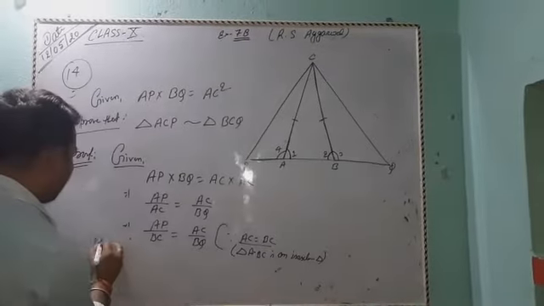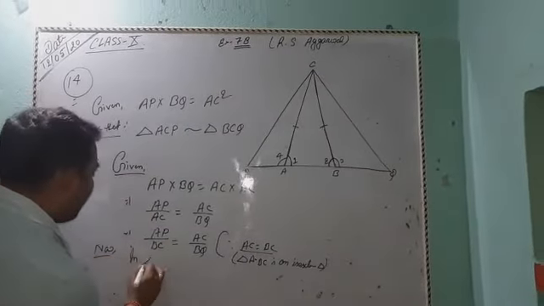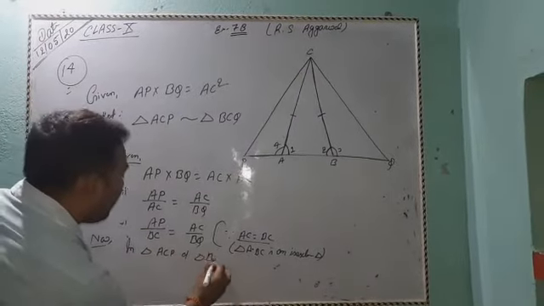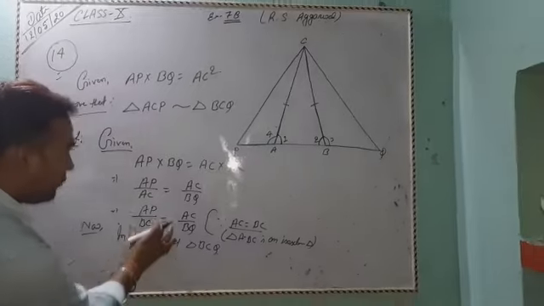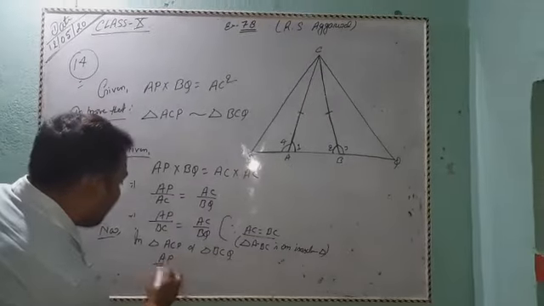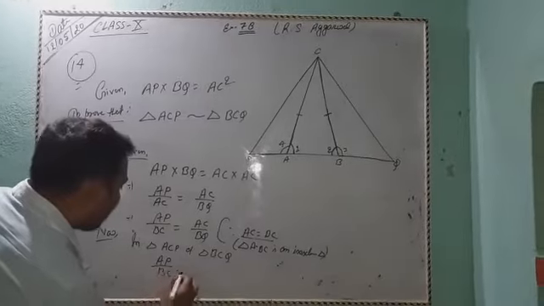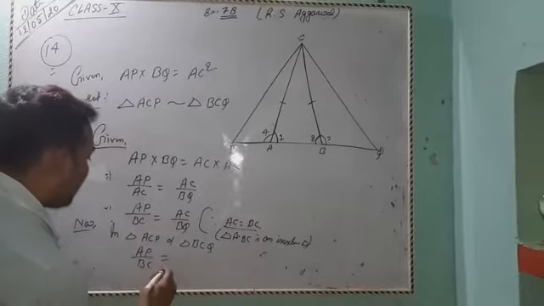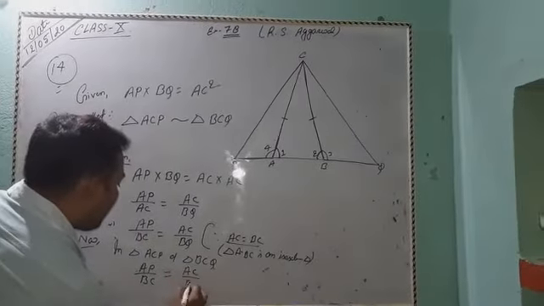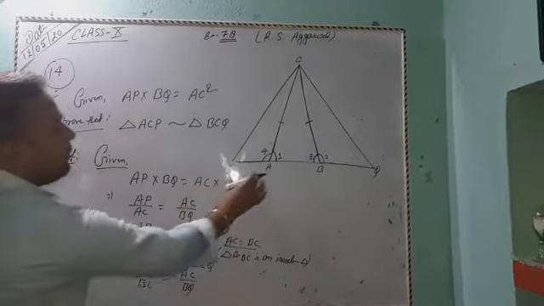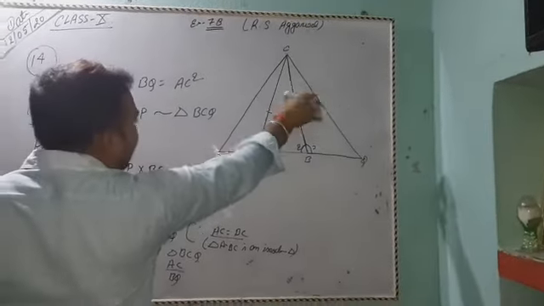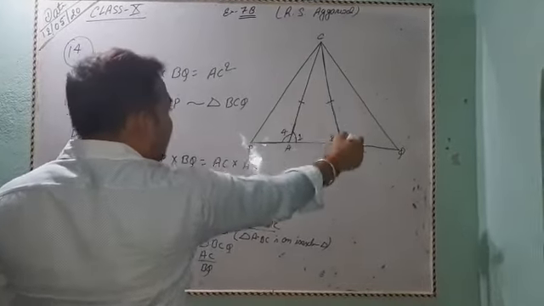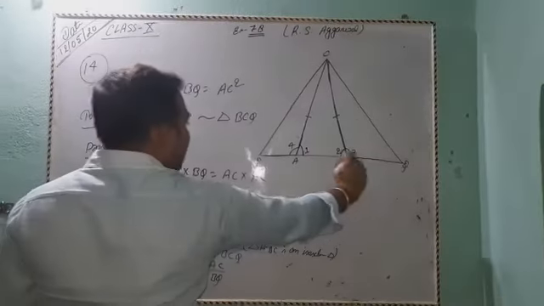Now in triangle ACP and triangle BCQ, we write AP by BC and AC by BQ.